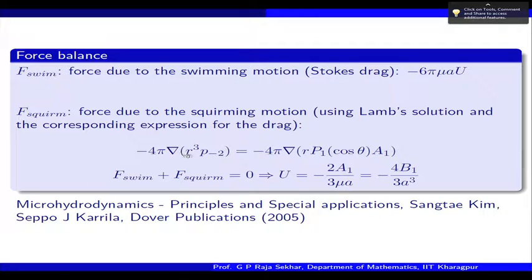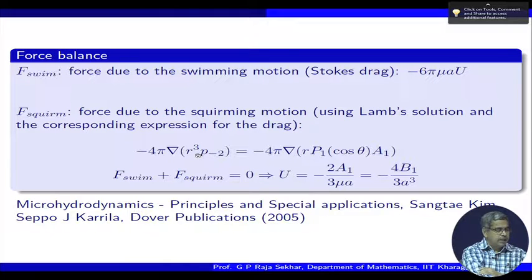The way we have discussed Faxon's law using the Lamb solution, drag and torque can be expressed in terms of these scalar harmonics. For example, drag is expressed in terms of the scalar harmonic p minus 2. There is no corresponding phi harmonic coming in. So, using the Lamb solution, this is the corresponding squirming drag.